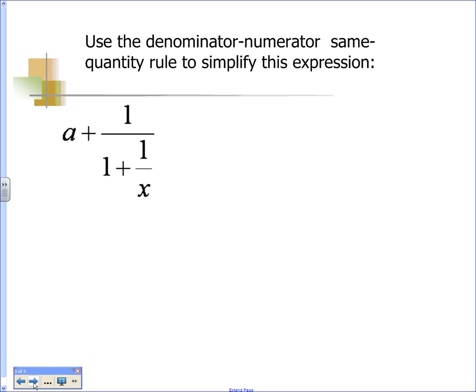You always want to start at the bottom on these. You want to start with that 1 plus 1 over x. What would you do first? Okay, so 1 times x is x plus 1 over what?